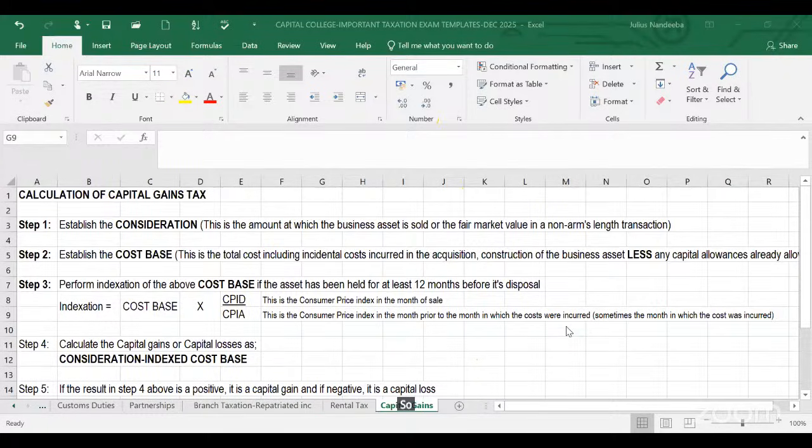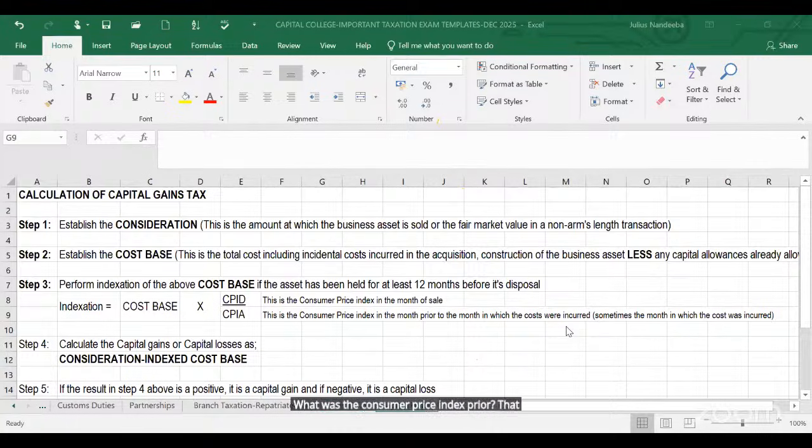So if I bought this asset in the month of November 2022, the CPIA would be the consumer price index in the month of October that year. Altogether, it is the consumer price index in the month prior to the month when I incurred the cost. When I bought that land, what was the consumer price index prior?